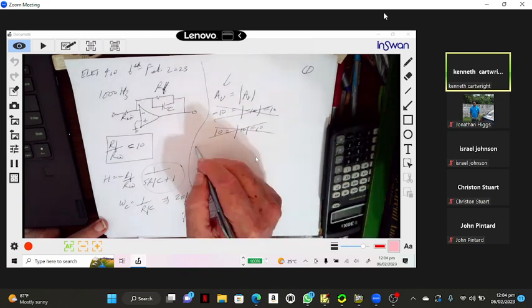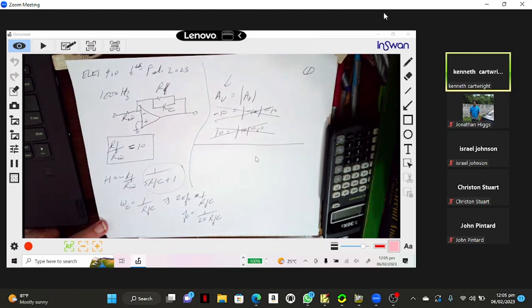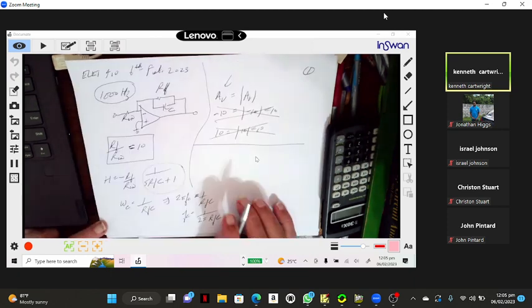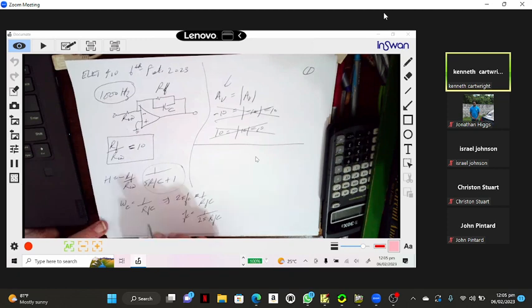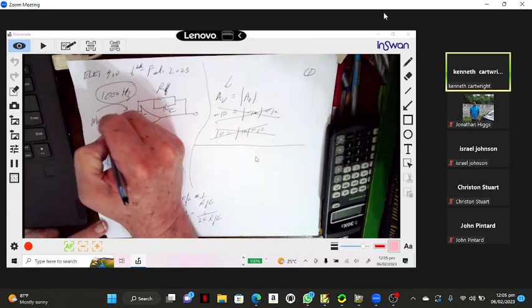Okay. So here's what I want. I want a cutoff frequency of 1,000 hertz, and I want Rn to be at least 10 kilo ohms. At least.